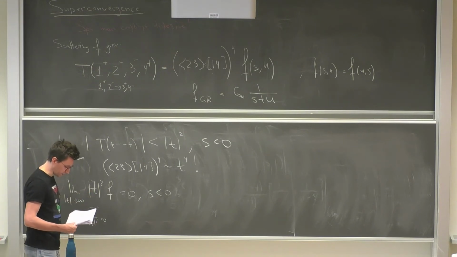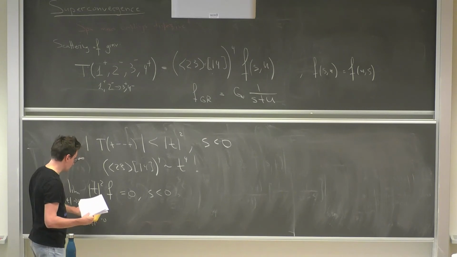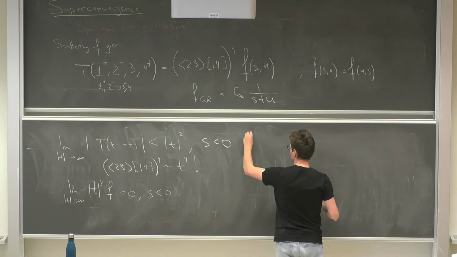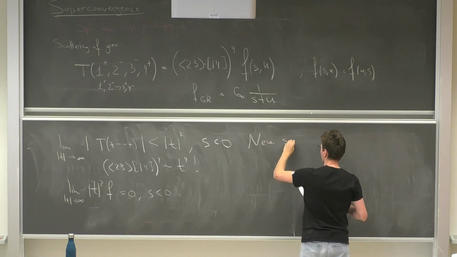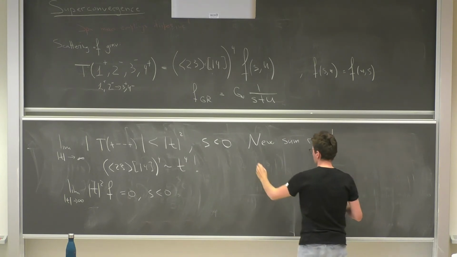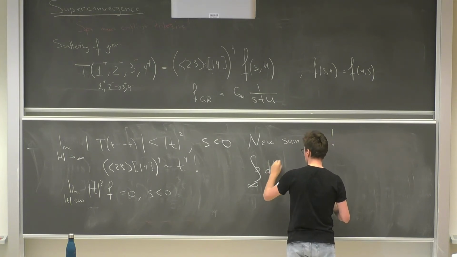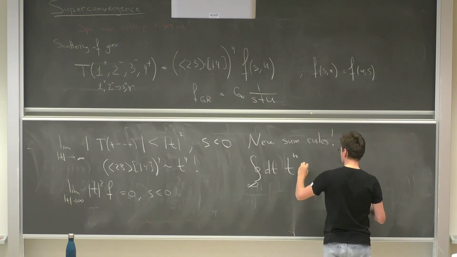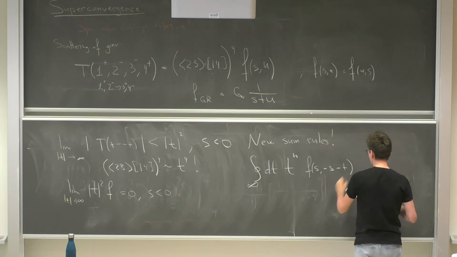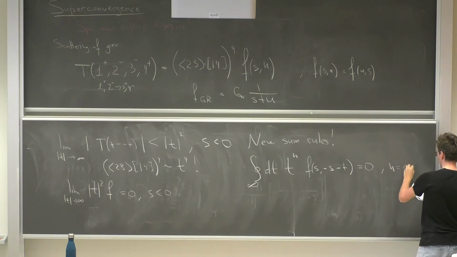So this is the phenomenon of superconvergence: by adding spin to external particles, we have more sum rules. So now we have new sum rules, which were not there before. The new sum rules look like this: you take the integral with t to the n, and you find that this is 0 for n equals 0, 1, and 2.